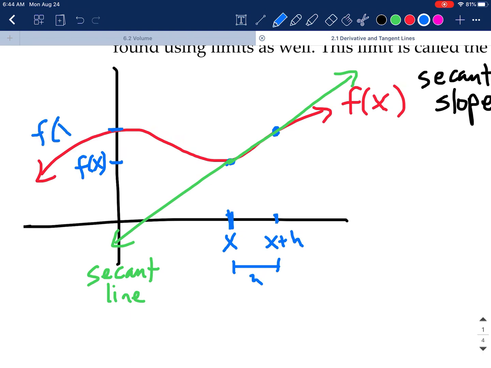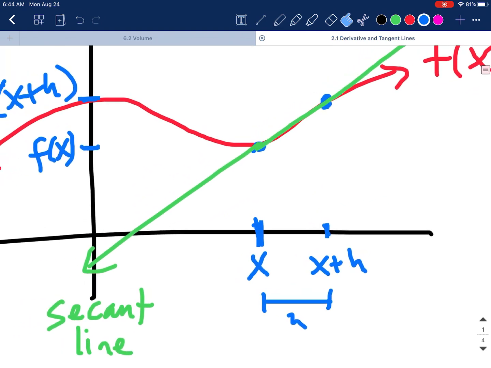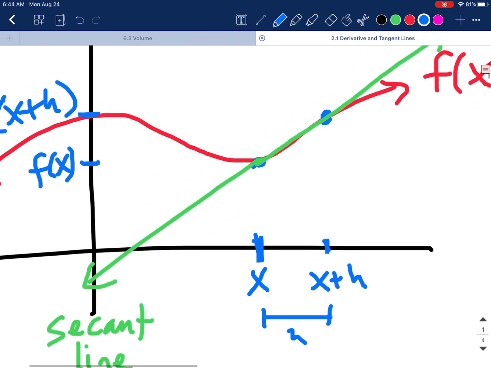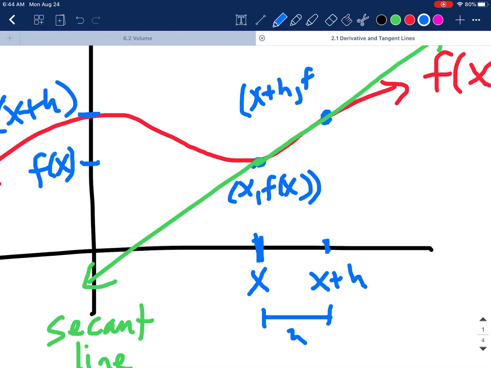And then this is f of x plus h. So we've got our y values. If we label our coordinates here, we've got x comma f of x, and we've got x plus h comma f of x plus h. So we've got those 2 points.